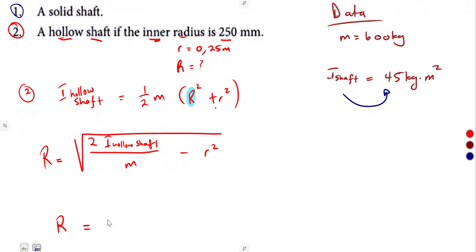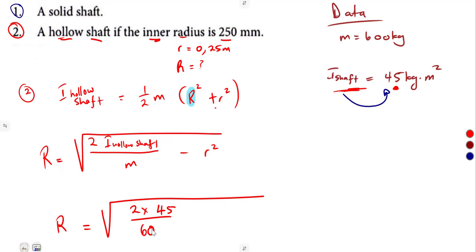So R is equal to the square root of 2 times the moment of inertia of the shaft, but now treated as a hollow shaft, so that's 45 over m. The mass is 600, minus the radius in meters.